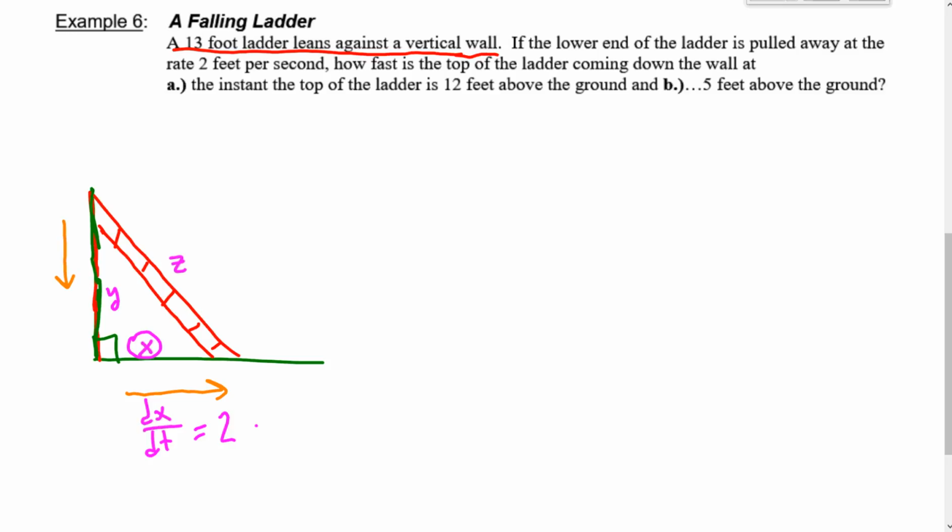Since this 13-foot ladder never changes its length, we're allowed to put that constant into the original equation that relates the vertical distance and the horizontal distance. So we could have had x squared plus y squared equals 13 squared.